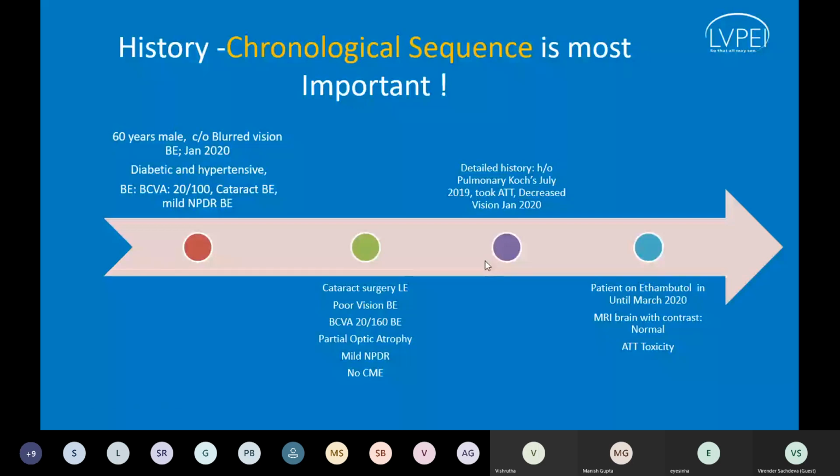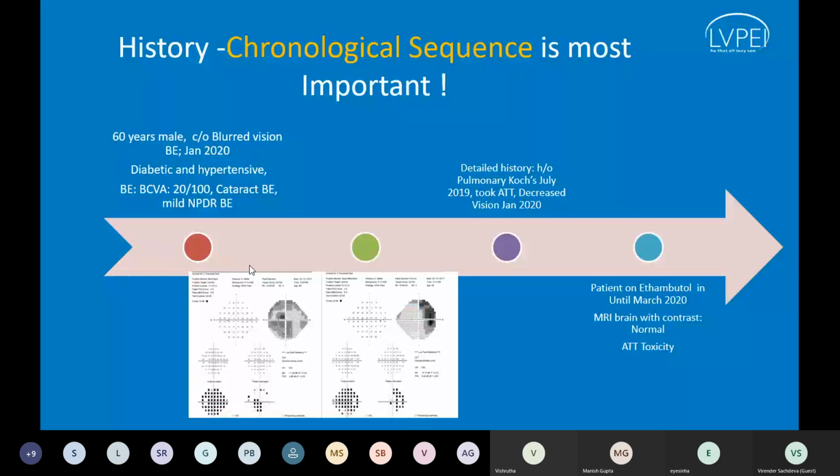At that time, the diagnosis was thought to be cataract along with NPDR, and the cause of poor vision was thought to be cataract. The patient underwent cataract surgery in the left eye and continued to have poor vision in both eyes. The best corrected visual acuity in July 2020 was 20/160. At that time, optic atrophy was diagnosed and the patient was referred to the neuro-ophthalmology clinic.